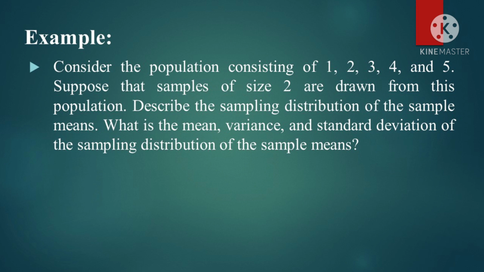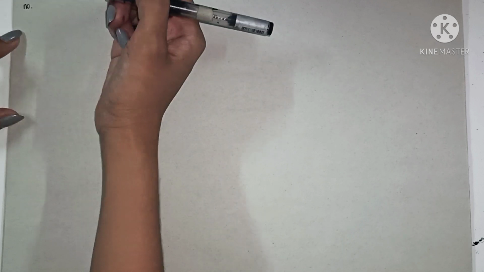Okay? Bago natin kunin yung mean, variance, and SD ng sampling distribution of sample means, kunin muna natin yung mean, variance, and SD ng population. Okay, so yung value ni x natin, meron tayong ilang data?